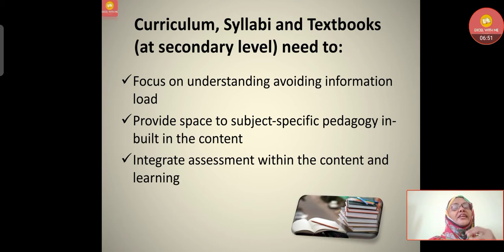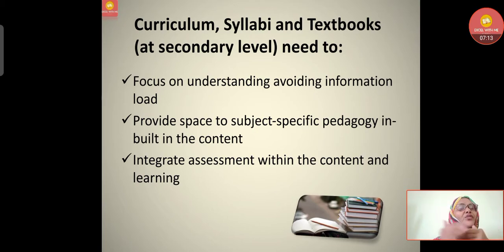Obviously, they should provide some space. Subject specific methods they should apply to build the content. The content should be built in such a manner that subject specific knowledge should be there.